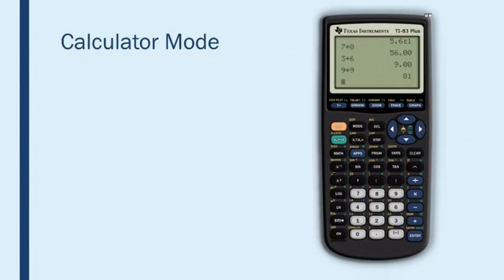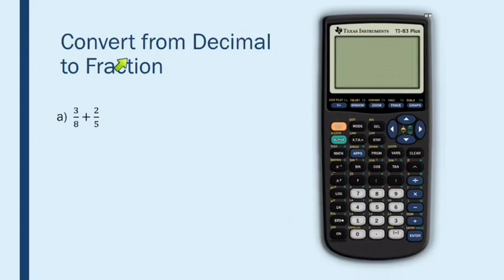And when you change it to float, of course, it works the way you want it to from then on. The next thing we're going to look at is how to convert a decimal answer to a fraction. Occasionally in statistics, you will want your answer in fraction form. For example, when we get to the chapter on probability, sometimes, not always, but sometimes you'll want your answer in the form of a fraction. So let me show you how to do that. We're going to add here 3/8 plus 2/5.